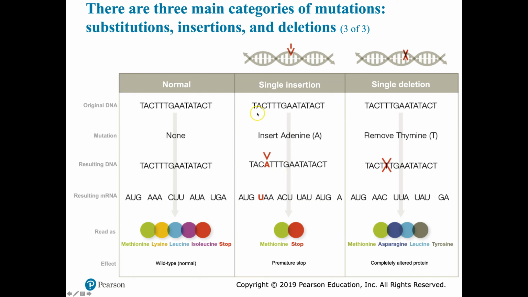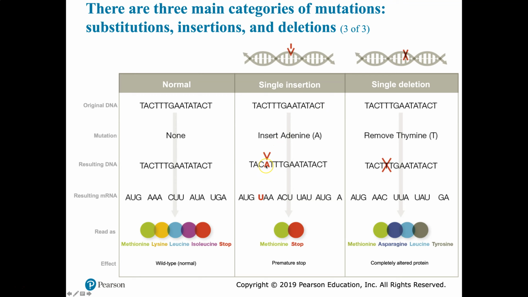So normally, the original sequence is TAC-TTT-GAA-TAT-ACT. That's how we would read it 3 at a time. TAC, TTT, GAA, TAT, ACT.